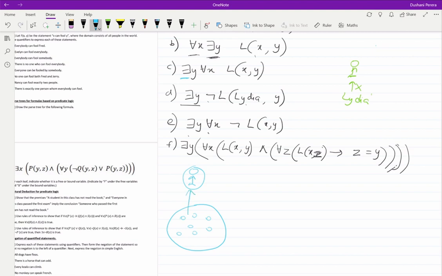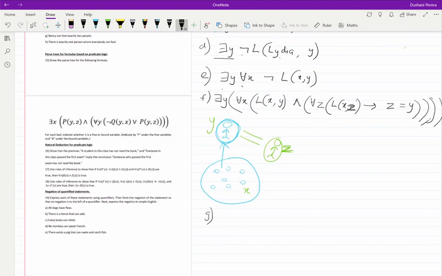That is what the question is, but you have to justify the fact that if there is a second person, then that person is equal to this first person, because there cannot be two people whom everyone loves. So you also have to say that if by any chance there's a Z, then this Z is equal to this particular person. All of these people are X's, and this one is a Y. You have to say that this second person, who's a Z, cannot exist. He has to be equal to Y.